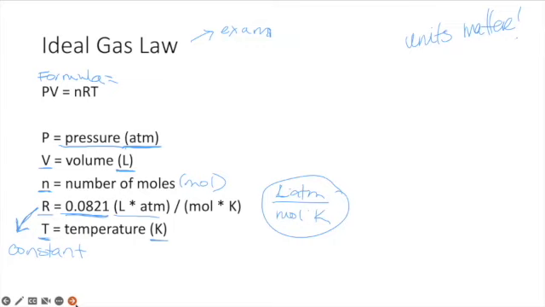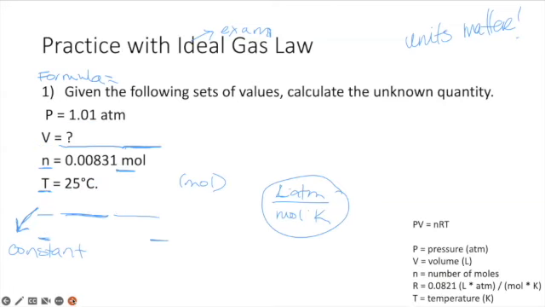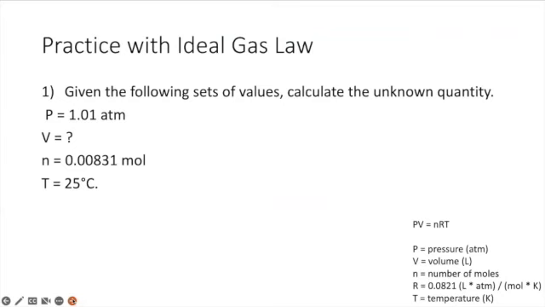So here's an example. I put over here the ideal gas law formula and then what they all stand for, including that R value. Don't memorize the R value, that will be given to you. So given the following sets of values, calculate the unknown quantity. And so here it's wanting us to solve for volume. We know that the pressure is set at 1.01 atmospheres, that the number of moles is 0.00831, and that the temperature is 25 degrees Celsius.